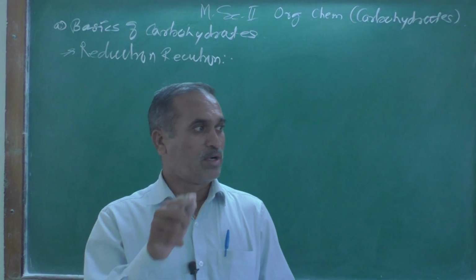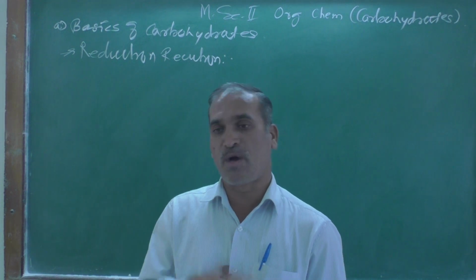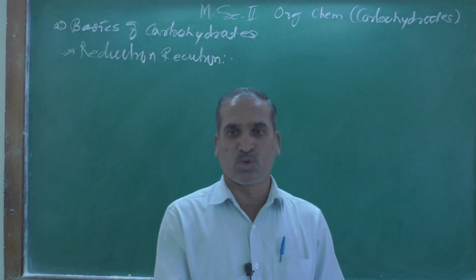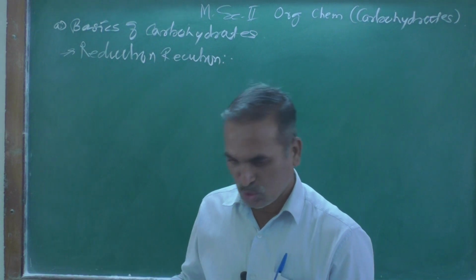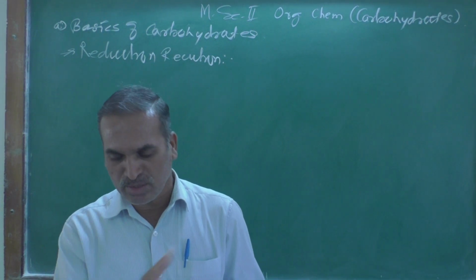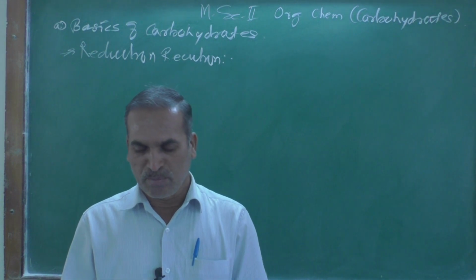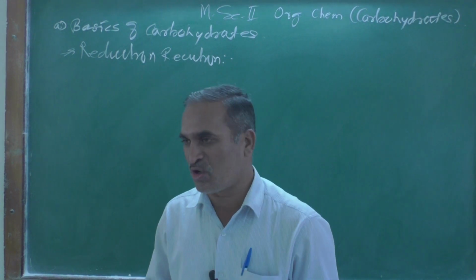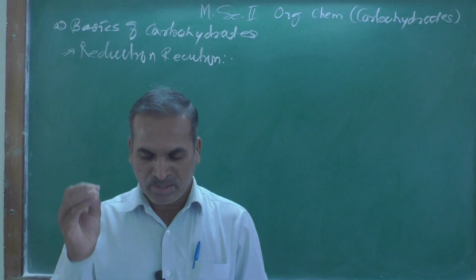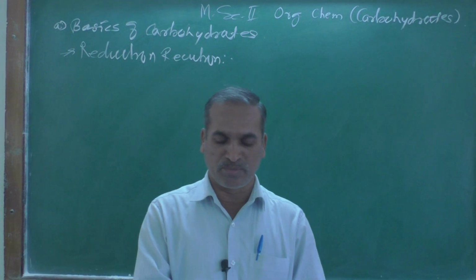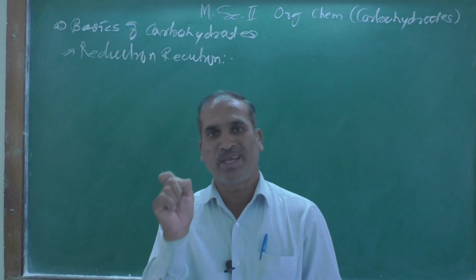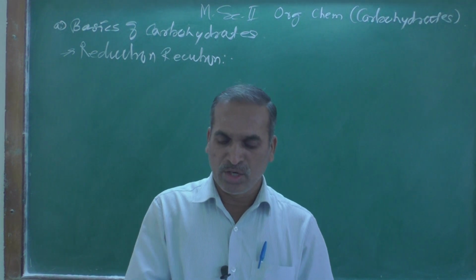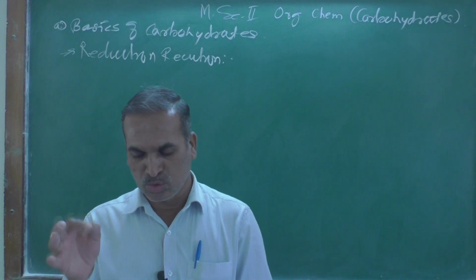The common name of glucose is aldose, and the IUPAC name is aldohexose. The monosaccharides glucose and fructose may be reduced chemically with H2 in presence of Raney nickel, or sodium in presence of ethanol, or sodium borohydride to yield the corresponding sugar alcohol.